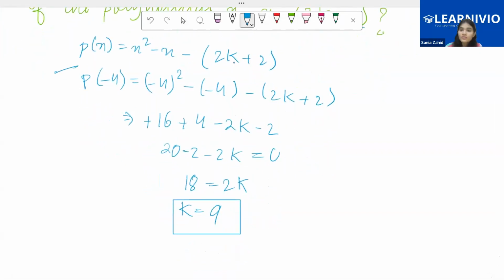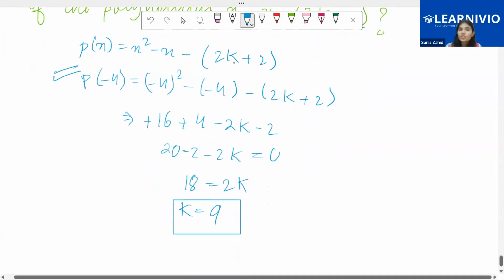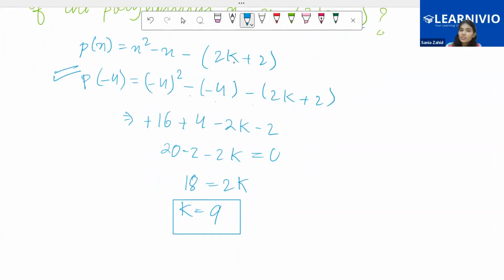Yeah, ma'am. First, you will put the value. So it will be -4 square minus -4 minus 2k plus 2. So -4 square is 16. Minus into minus is plus 4. And when you open the bracket, you're going to get minus 2k minus 2, because when you open a bracket with a negative sign, you have to reverse the sign of what is inside the bracket.